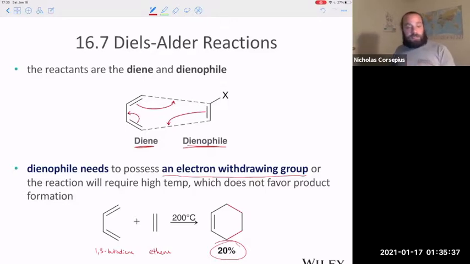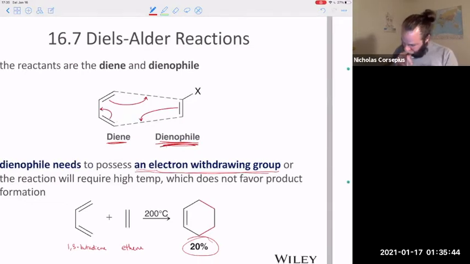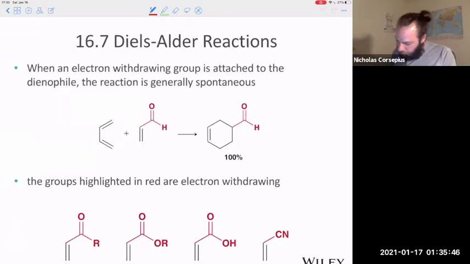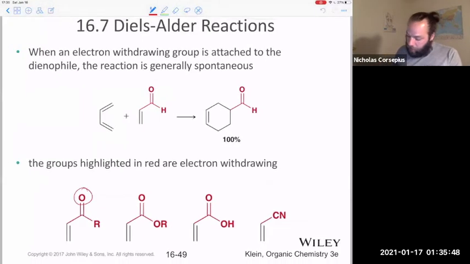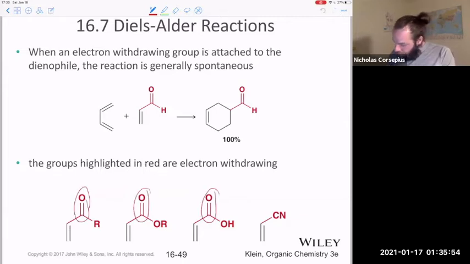We can increase the success of this reaction if we add an electron withdrawing group to the dienophile. So what would be an electron withdrawing group? Anything with a carbonyl group, or a cyano group, a cyanide.